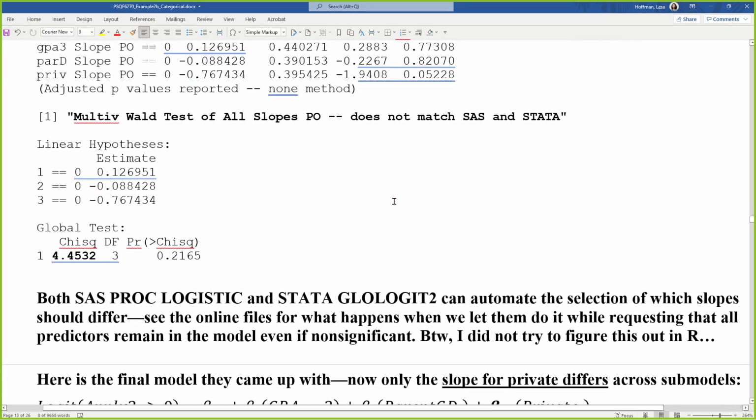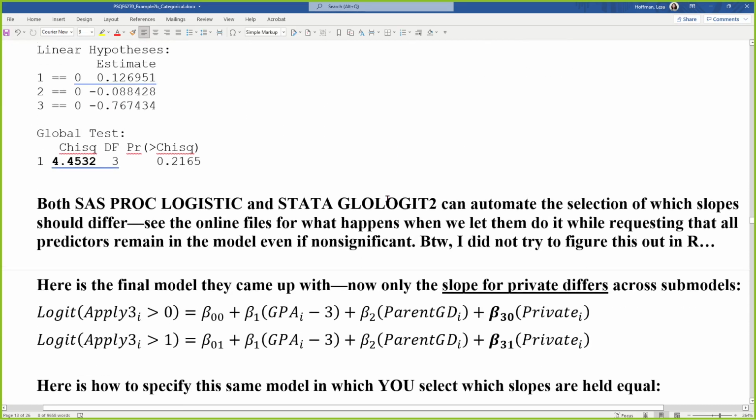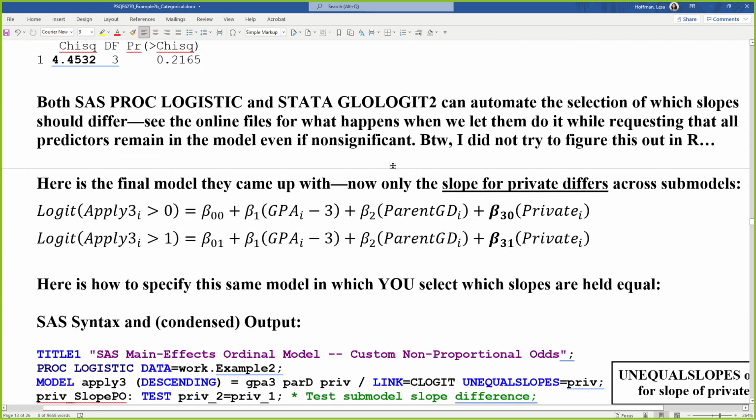All right. So what I found in SAS and in Stata is that both of them have options within these procedures for letting it figure out what the optimal model is. The code online has a demonstration of that, where it goes through and figures out which slopes need to be different, and also which ones need to be included at all.